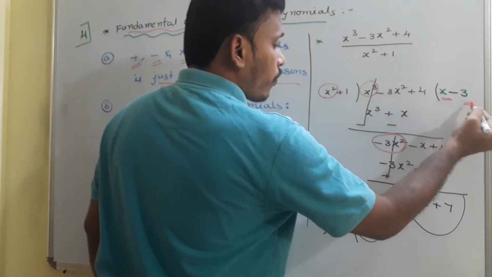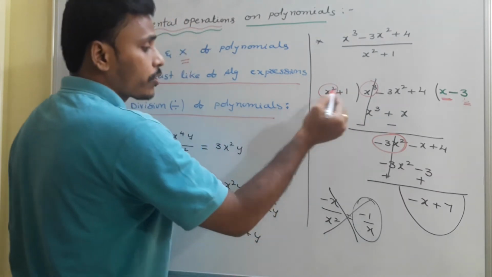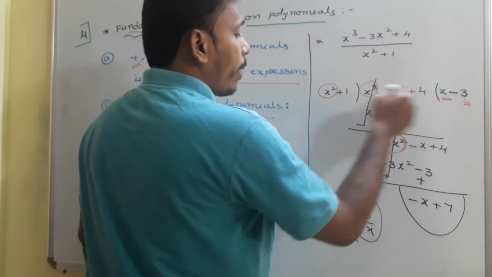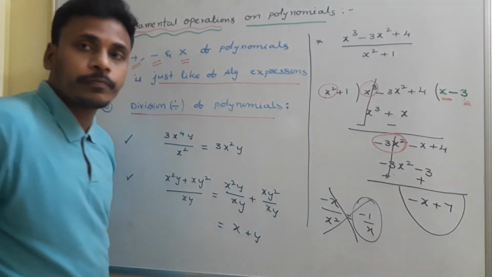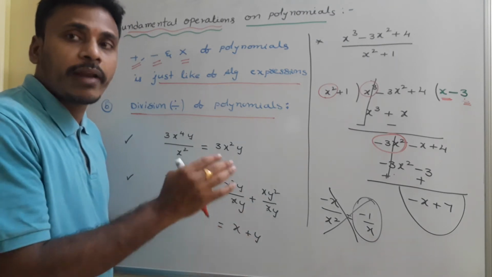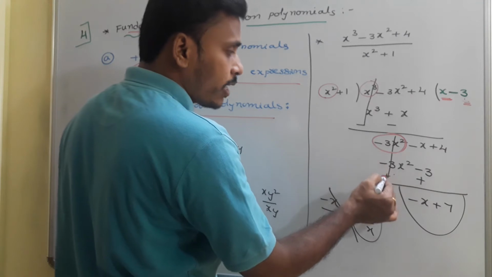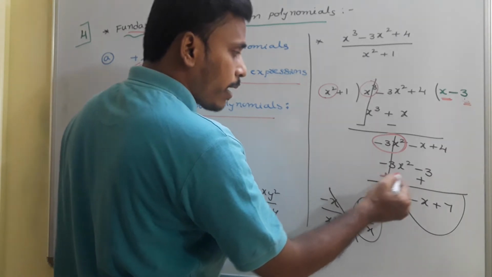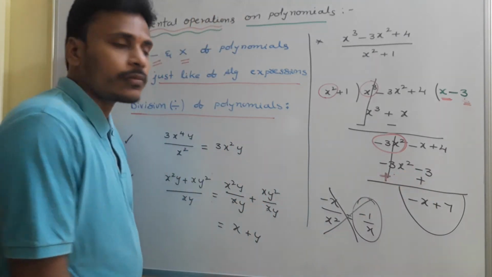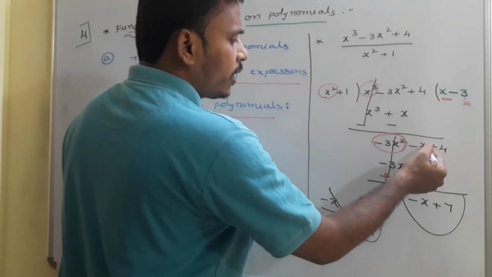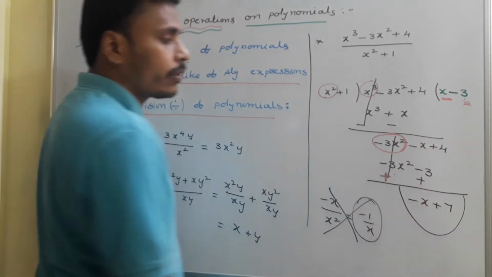And then after writing this, minus 3 into x square is minus 3x square, minus 3 into 1 is minus 3. So continue. Do subtraction. While subtracting, we need to change the symbols, like this minus will become plus and this minus will become again plus. These two will get cancelled, and here minus x plus 7.